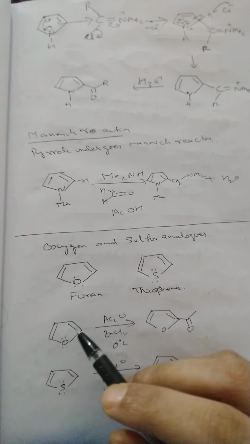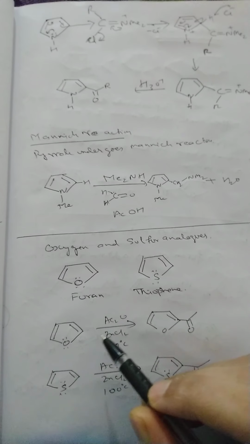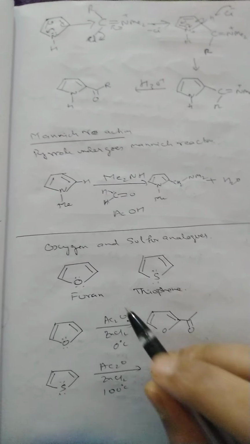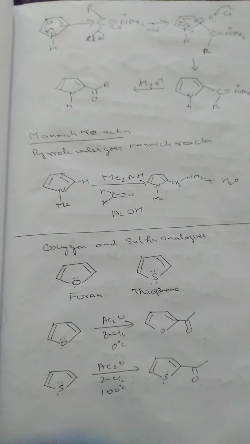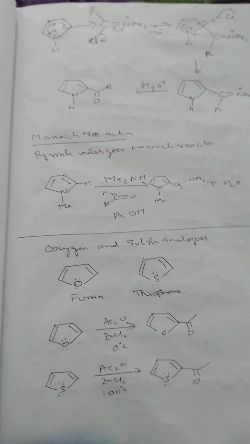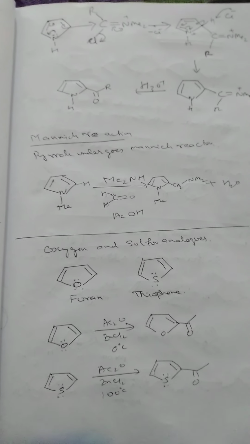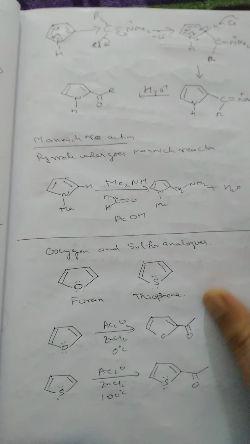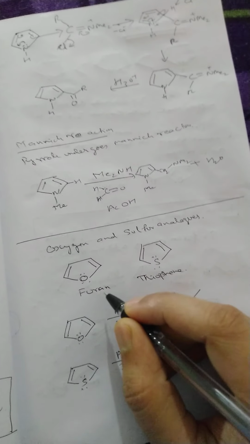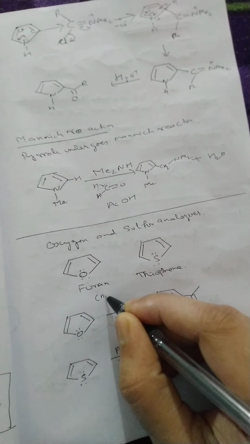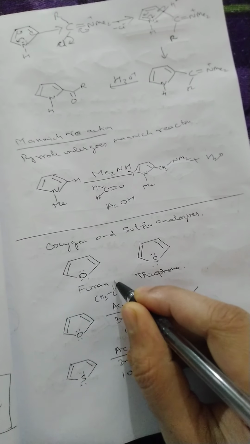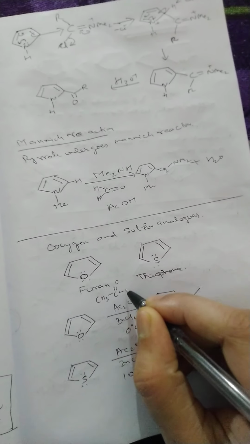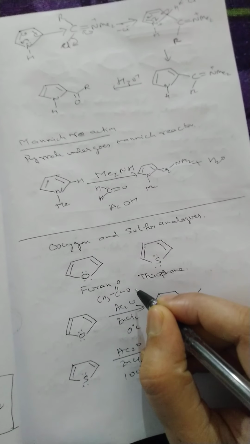Now you see this reaction. When you have oxygen, this is furan, you react with acetic anhydride. This is an electrophilic substitution reaction. Which reaction? Anybody? This reaction is the Friedel-Crafts acylation reaction. Ac2O means acetic anhydride. I hope everybody knows the formula. I will write the formula for you: CH3-C=O, this is the acetyl part, then O. If I put OH, it becomes acetic acid.